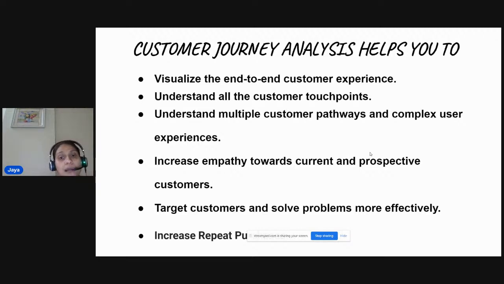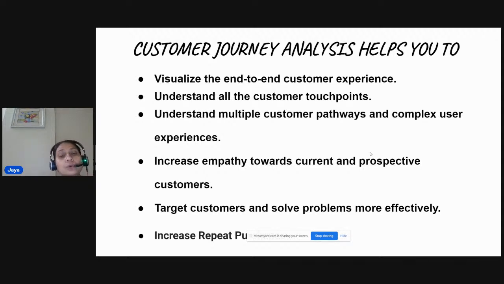And if you have tried to understand, tried to make it happen, and resolved that query for the customer, then the customer will be happy, and he will come back again and again for repeat purchases. So that is why we do the analysis through these points: the customer experience, their touch points, and whatever improvement they want in your brand or company.